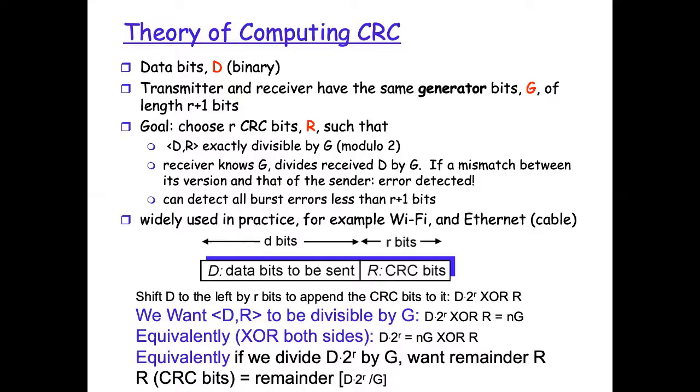So now we want D shifted to the left by R bits, XORed with R, to be divisible by G. So D times 2 to the power R XOR R equals nG, and equivalently, XORing both sides, D times 2 to the power R equals nG XOR R. Also equivalently, if we divide D times 2 to the power R by G, we want the remainder R. So to reiterate, we want the remainder of the shifted D divided by G.